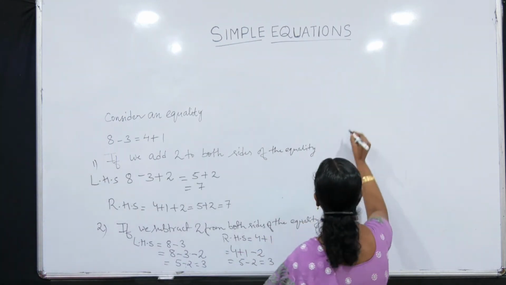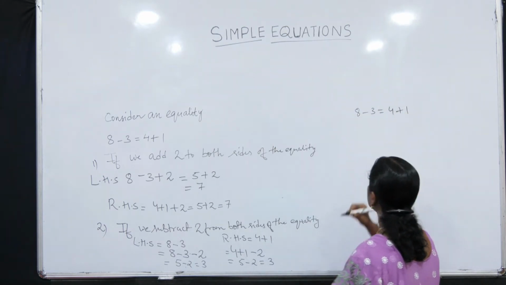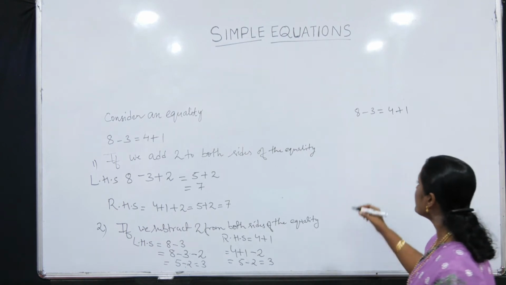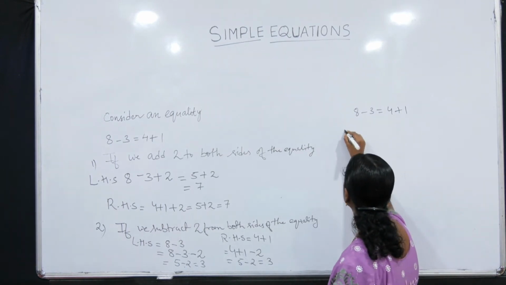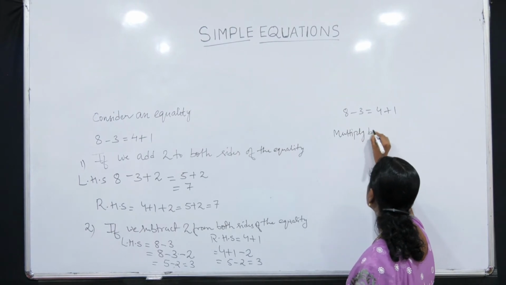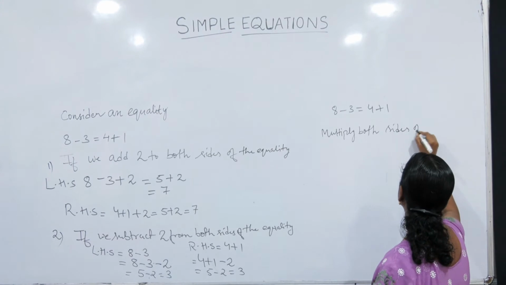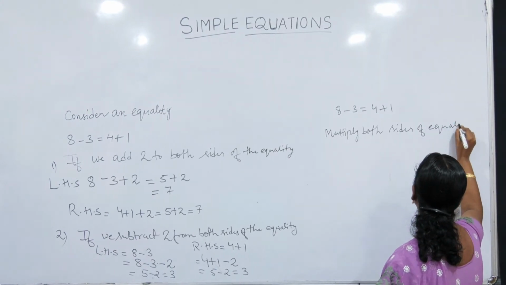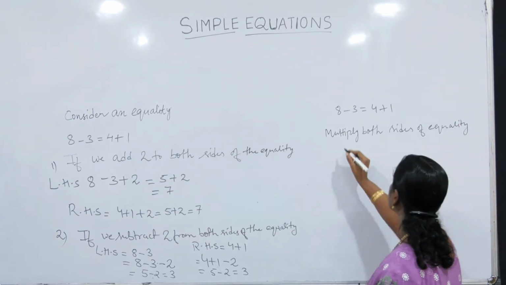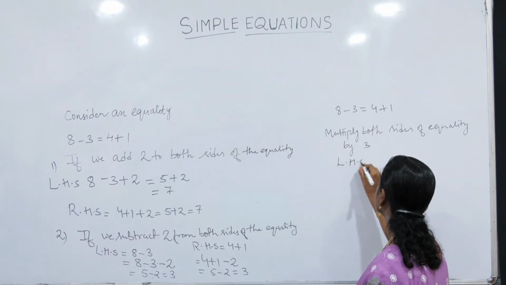Let us take the equality 8 minus 3 is equal to 4 plus 1. Now multiply both sides of the equality by 3. The LHS here is 8 minus 3.